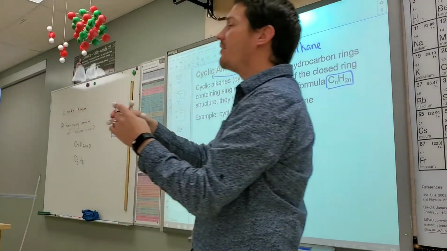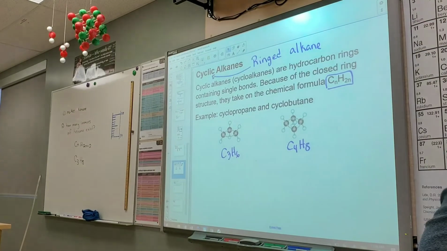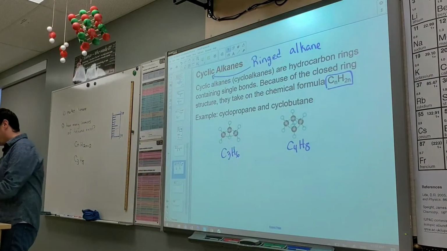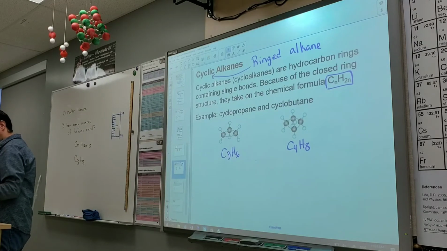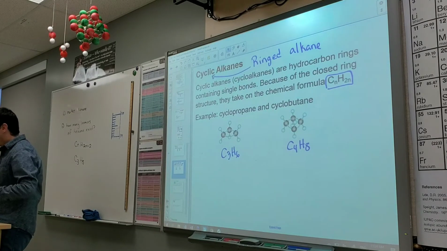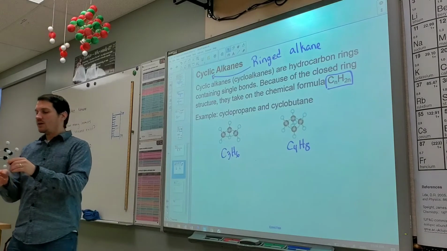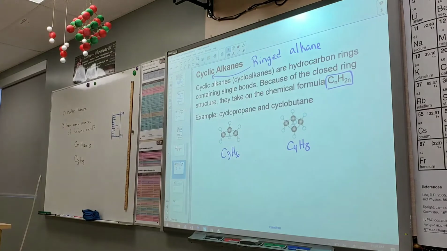Now, if I have a branch on here, let's say I had a methyl branch on one of these, can you now define one of these carbons to be carbon number 1? Yes.